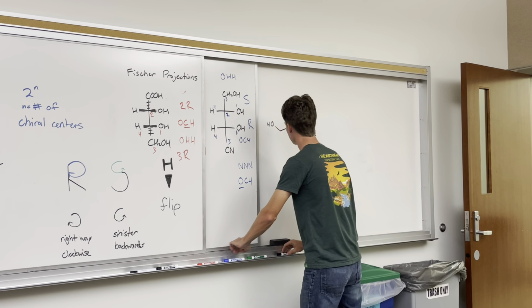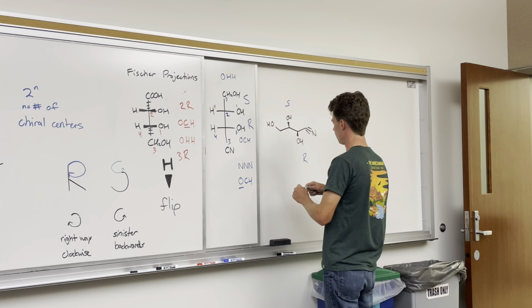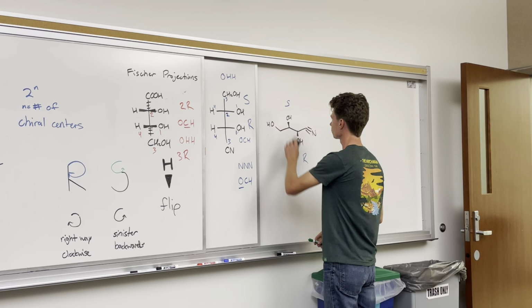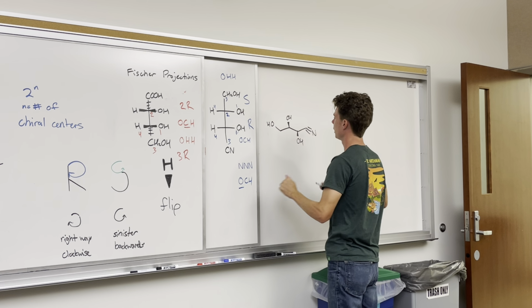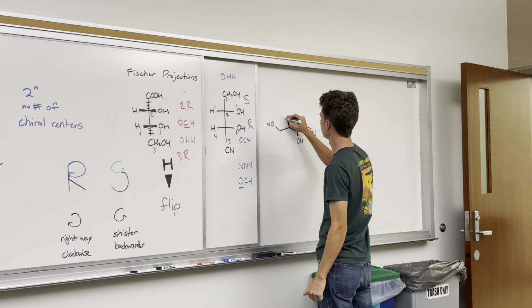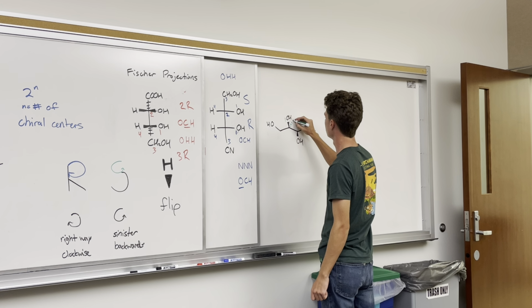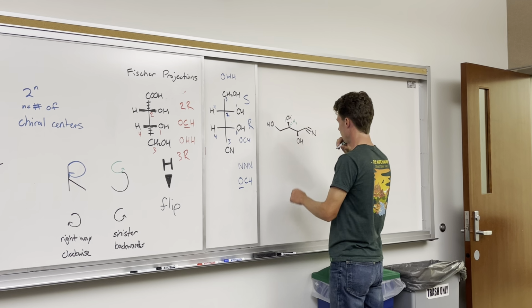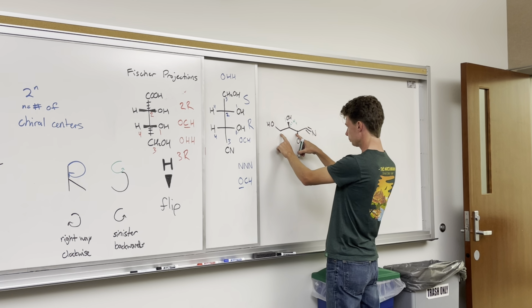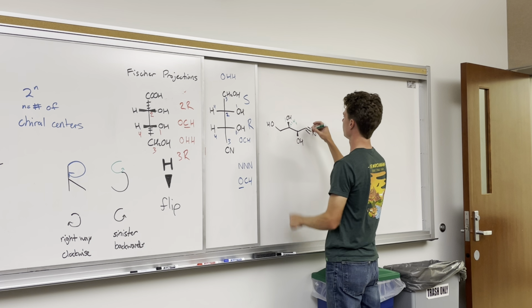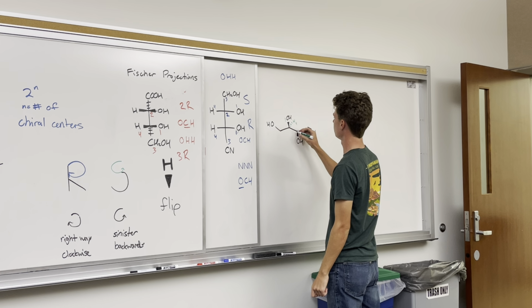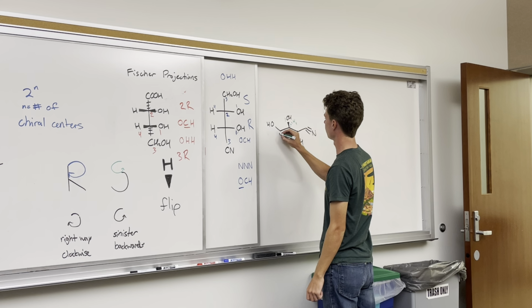First priority group here is an oxygen. Hydrogen's going to be 4. Carbon, oxygen, carbon, oxygen, hydrogen. This is going to be number 2. This is going to be number 3.